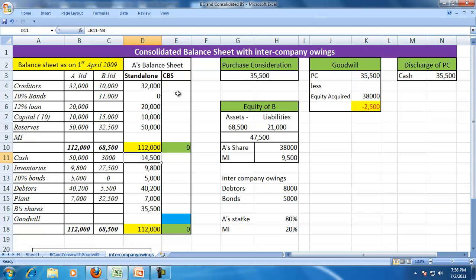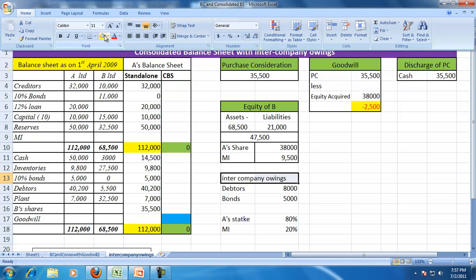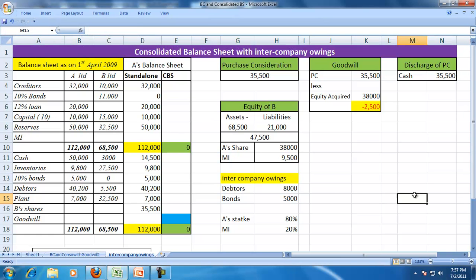Now let us see the consolidated balance sheet, and that is where, while preparing it, you have to remove the intercompany owings, or in other words, eliminate the intercompany owings. So the creditors will be 32,000 plus 10,000 minus 8,000.